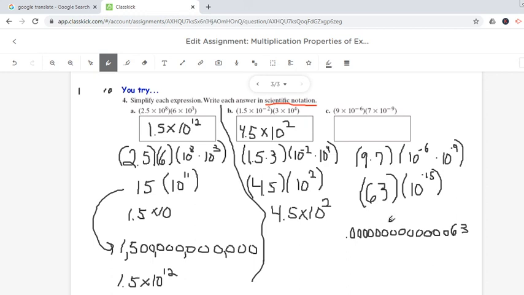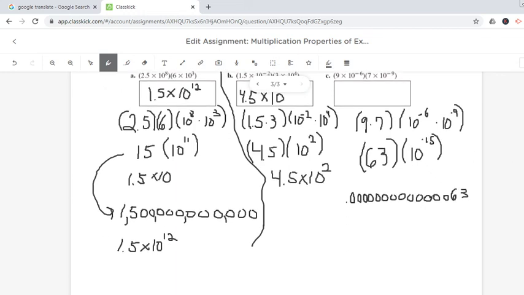Okay. Now, we want it to be at 6.3 right here. So let's count. So it's 1, 2, 3, 4, 5, 6, 7, 8, 14, negative 14, not negative 15.